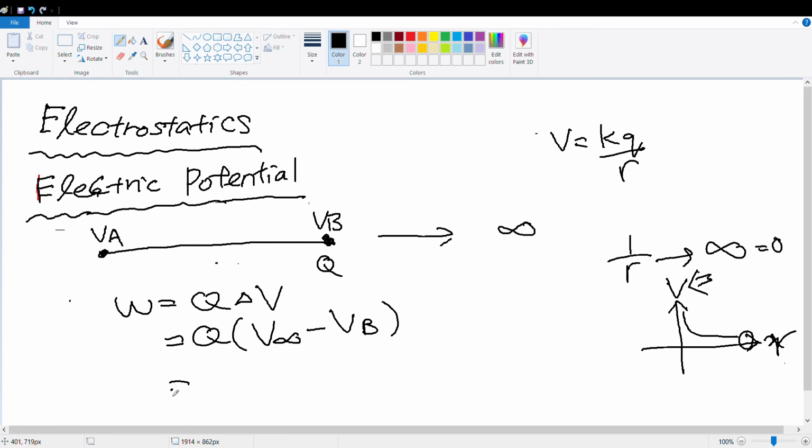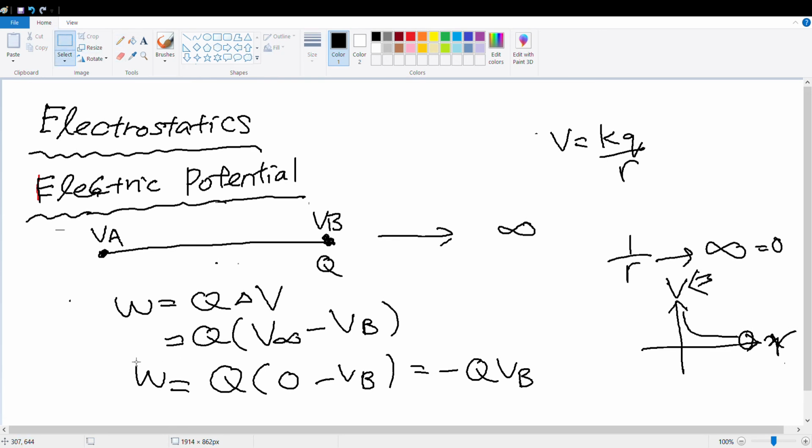So the electric potential at infinity, I can consider as 0. So what I have is negative QVB. So to move the charge from point B to infinity, the work done is negative QVB.